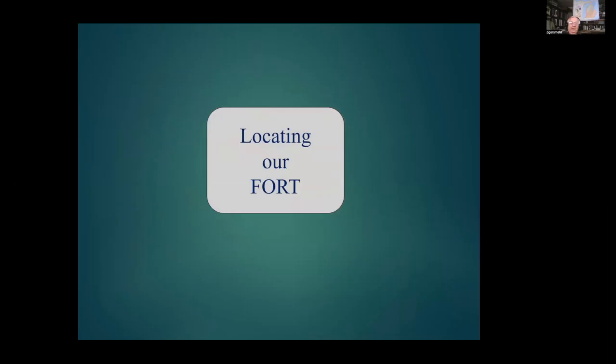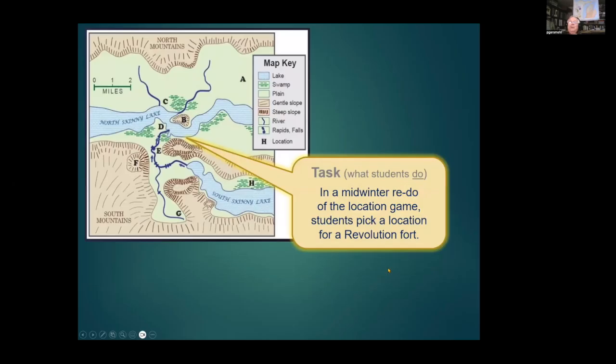Locating our fort is something that you do on a really miserable day in February. It's basically a replay, a redo of the midwinter location game. And their task now is to pick a location for a fort at the time of the revolution.